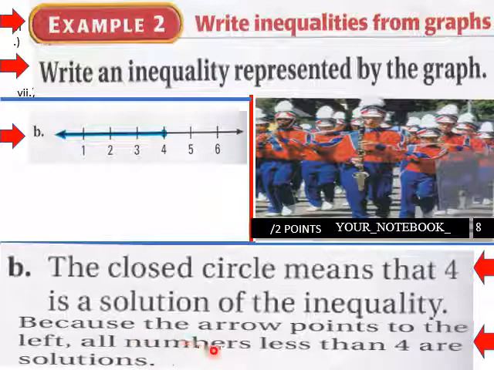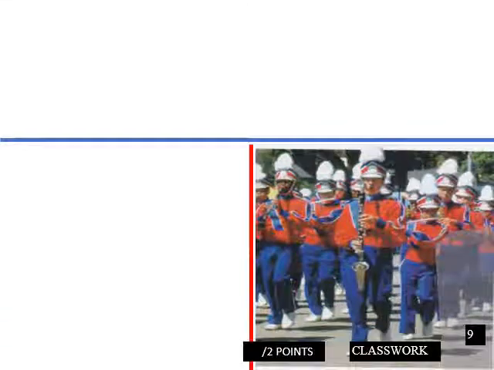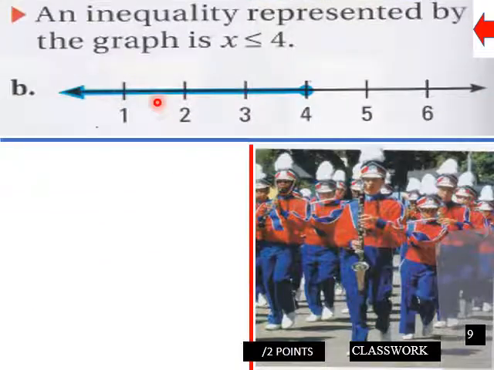Because the arrow points to the left, all numbers less than 4 are solutions. So this is the graph that this expression represents: x is less than or equal to 4, and it's represented by this graph right here.